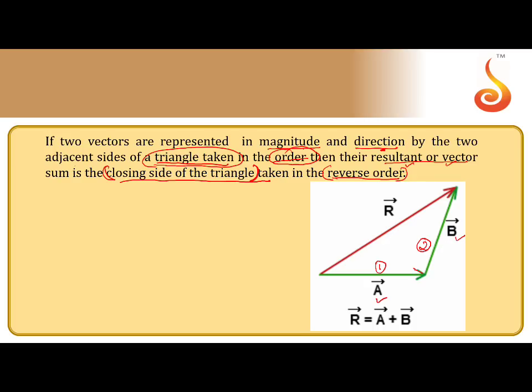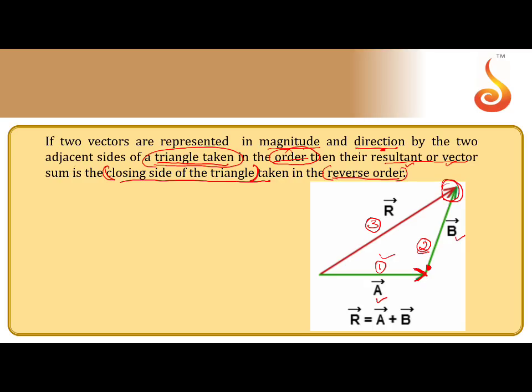The terminal point of A is the initial point of B, so they are taken in order. The third side will give you the resultant vector when taken in the reverse order.